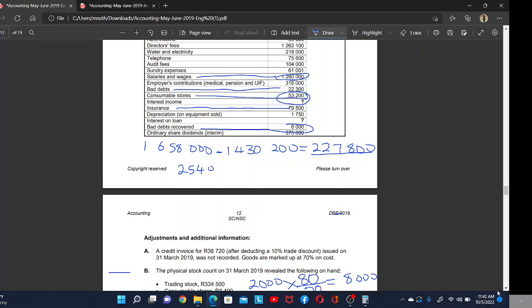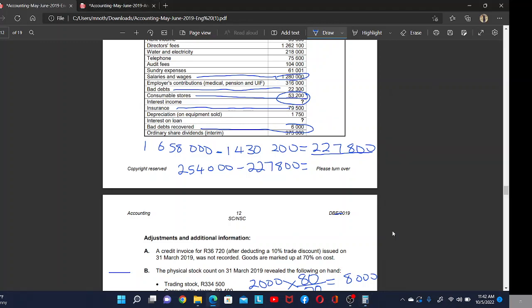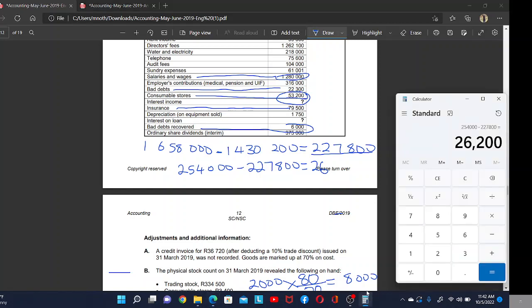So now to get the interest, we are going to find the difference. So 254,000 minus 227,800 is equal to 26,200.